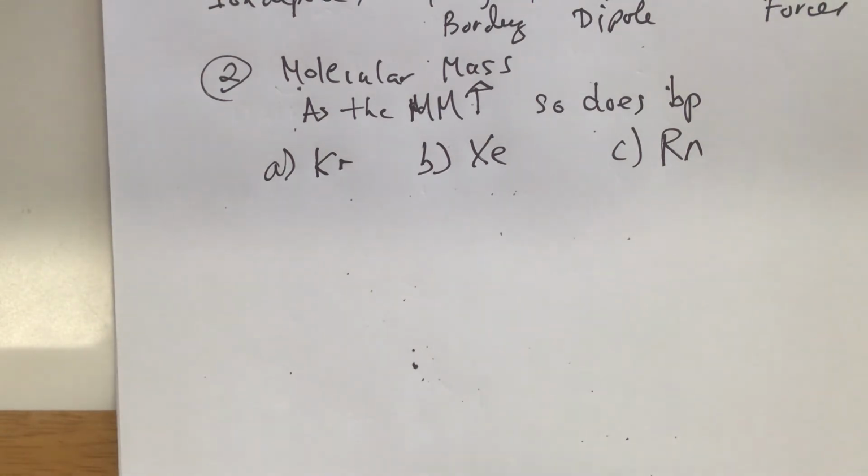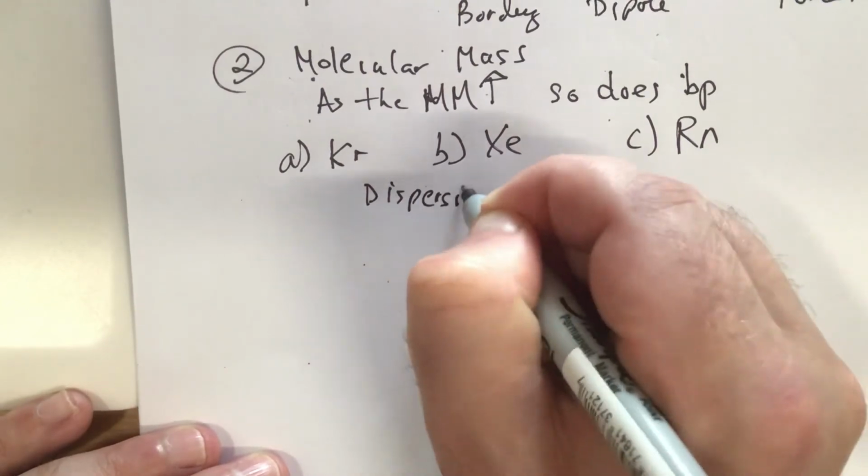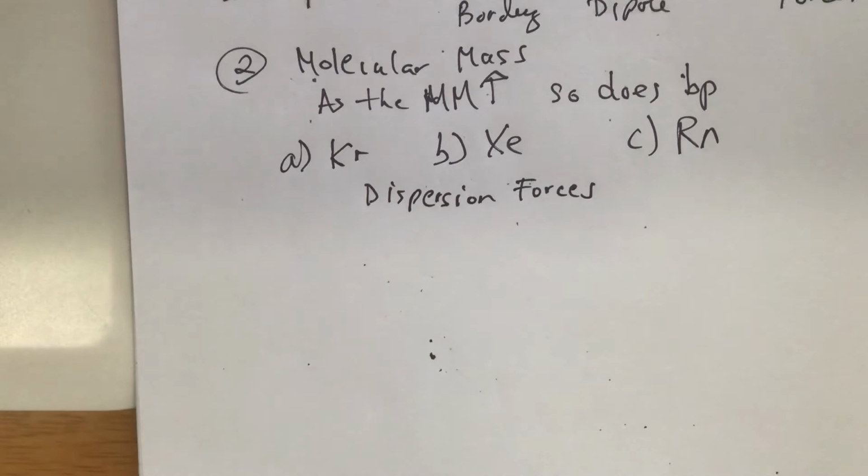The only kind of intermolecular forces that these noble gases can have are the ones that all molecules have, which are dispersion forces. So already you should be thinking, I really don't expect the boiling point for this to be that high.